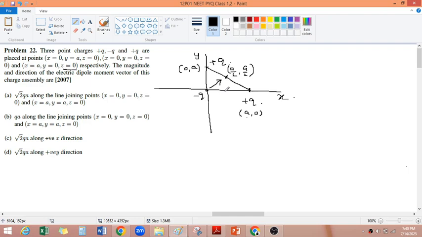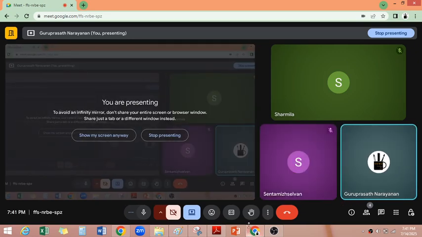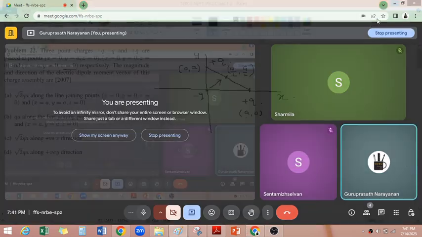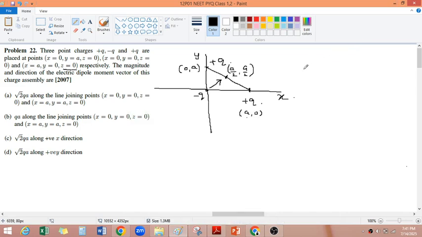So magnitude and direction. Magnitude will be half of this q by this q, so 2qa by 2. Let me switch off the fan probably.